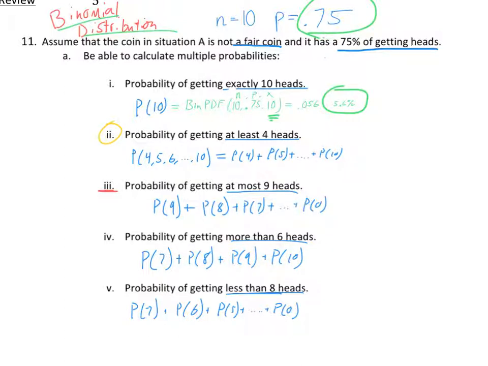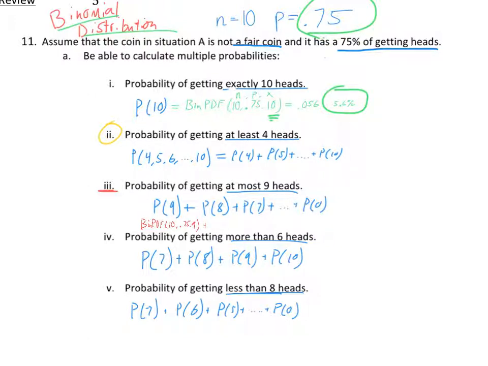Again, because it's binomial probability, I can use binomial probability functions built into the calculator. I could do this step by step. I want to know the probability of 9, so I have to find the binomial PDF of an experiment with 10 trials, success probability 0.75, and 9 successes.